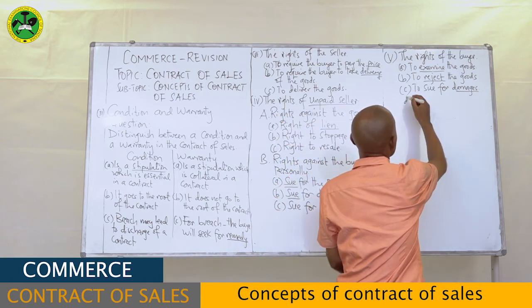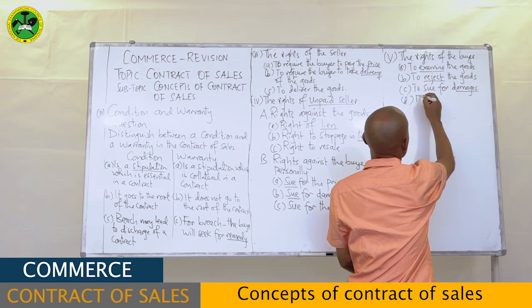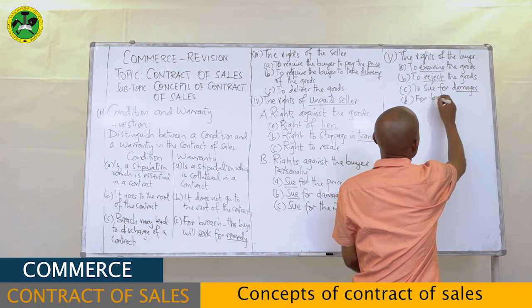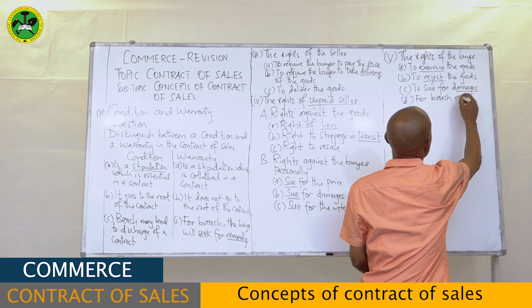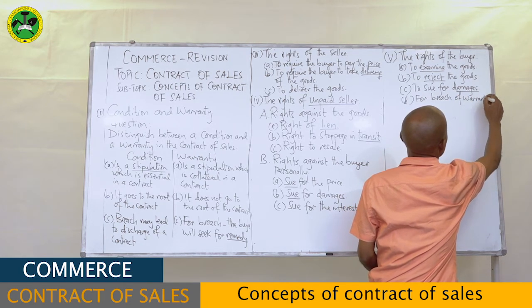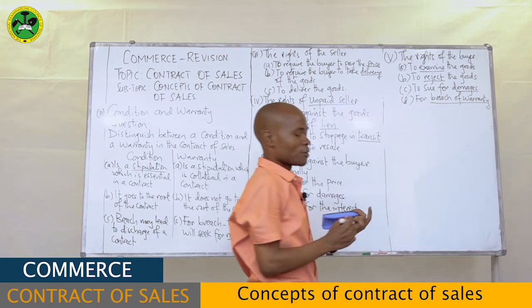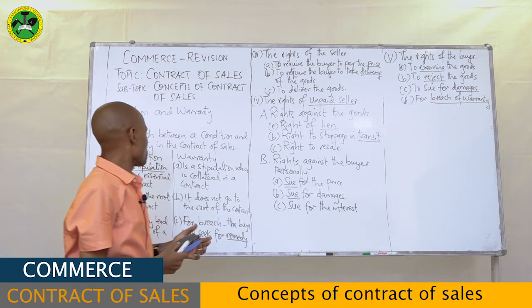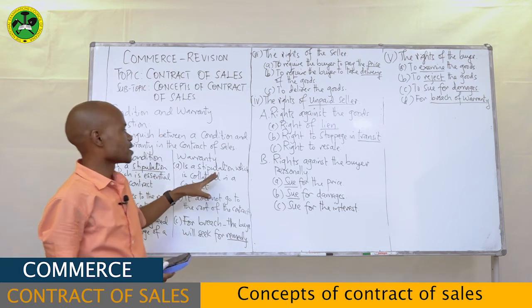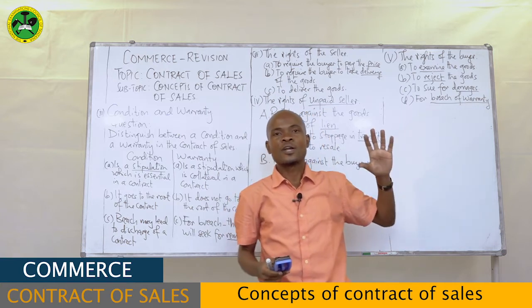And finally here on this part, for breach of warranty. As we have seen before, a warranty is a stipulation which is just collateral.